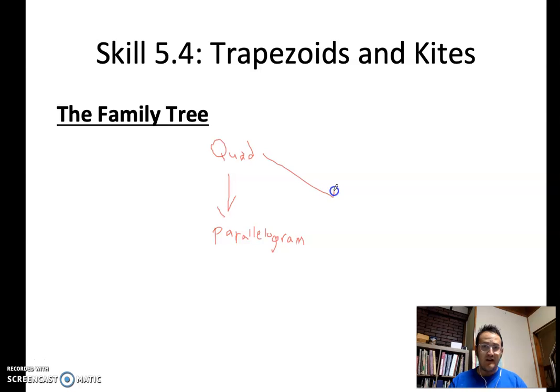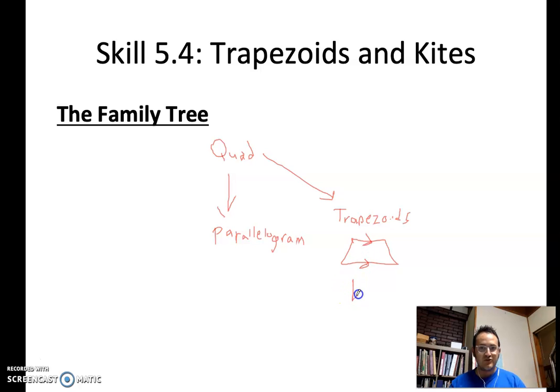And what we are going to do today is discuss the trapezoids that have only one parallel side. So I'm just going to draw a picture here. So we have one parallel side for trapezoids.